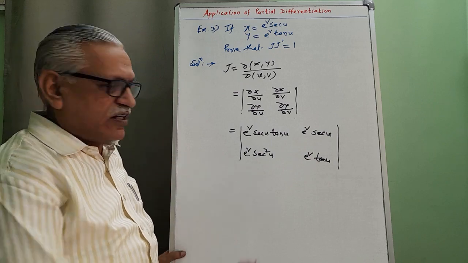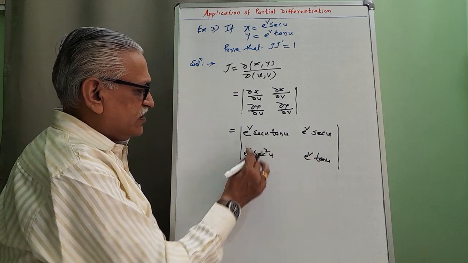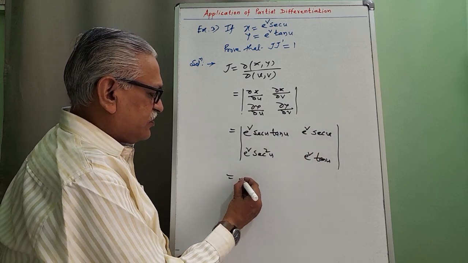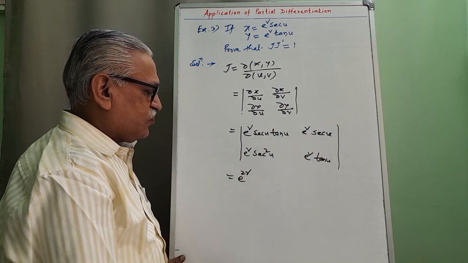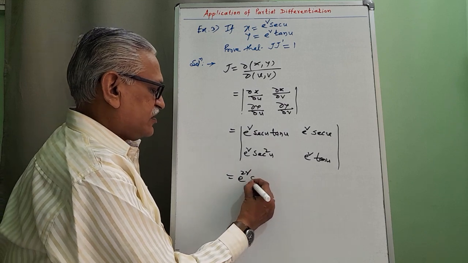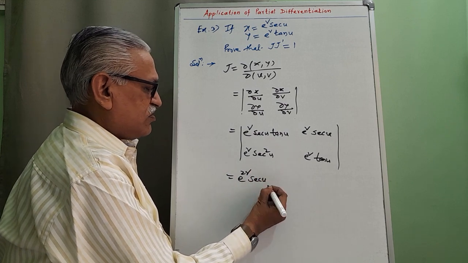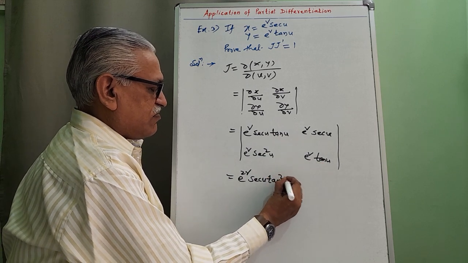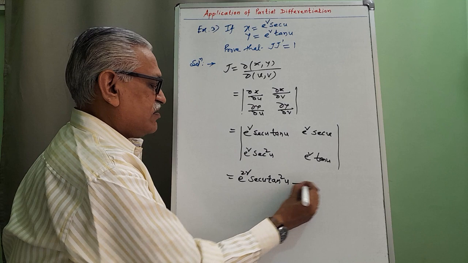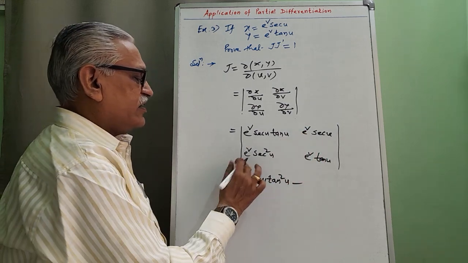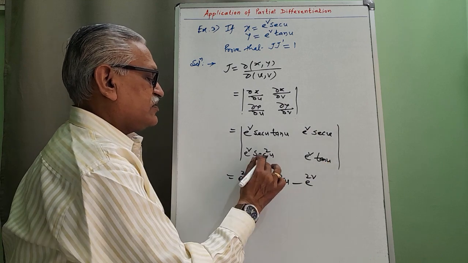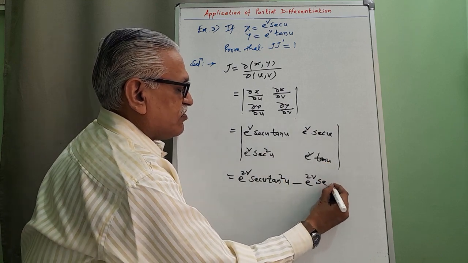Then evaluating this second order determinant, product of this minus product of this, it becomes e raised to v into e raised to v as e raised to 2v secant u, tan into tan, that becomes tan square u, minus again e raised to v into e raised to v, we get e raised to 2v secant cube u.